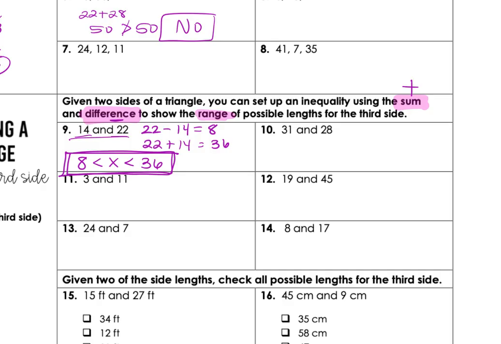All right, let's do 13. Figure out what that range of values should be if one of your sides is going to be 24 and one of them is going to be 7. Work that out.